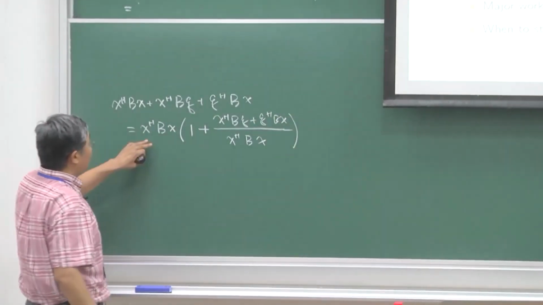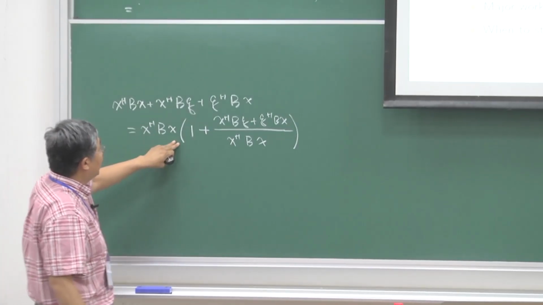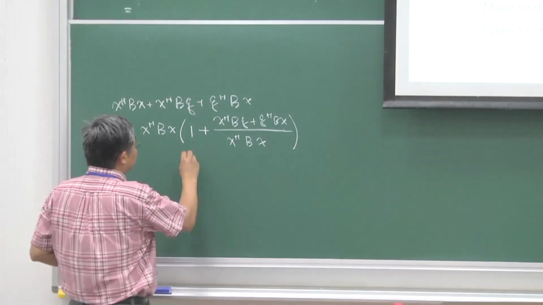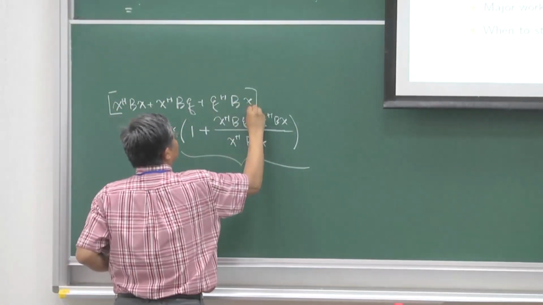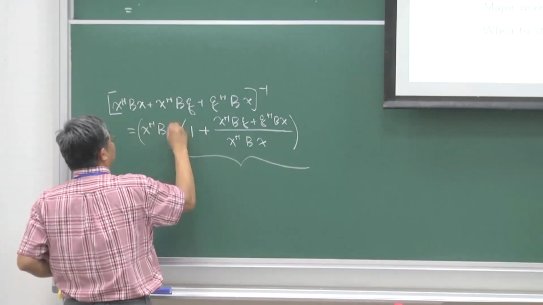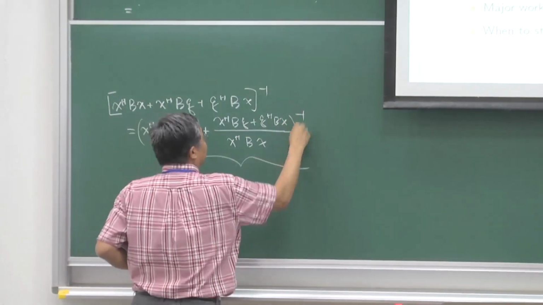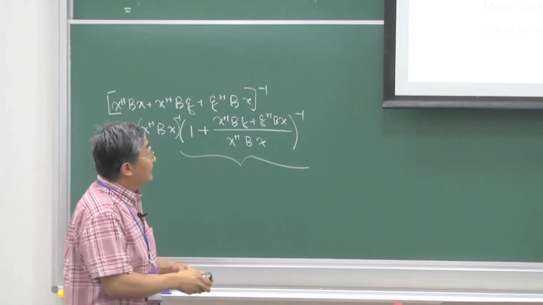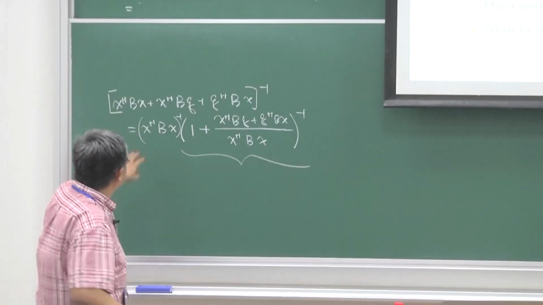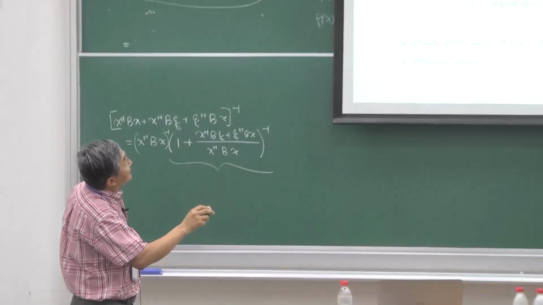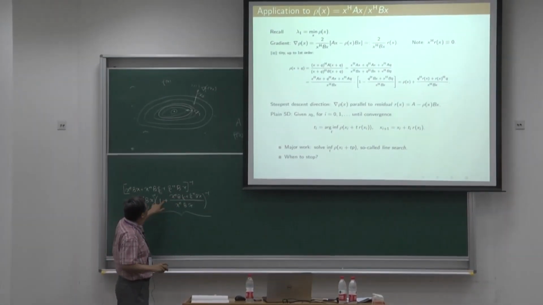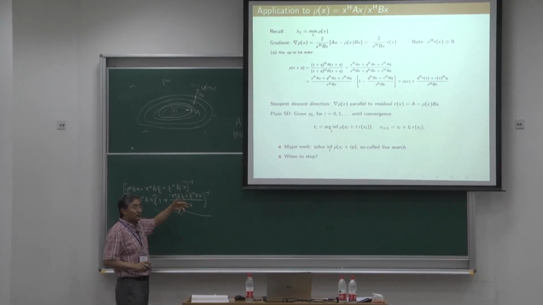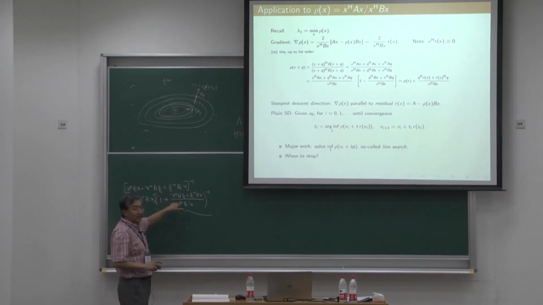When this denominator has an inverse, remember q is tiny, so the inverse of 1 plus a small number, dropping the high order term, is equal to 1 minus that.